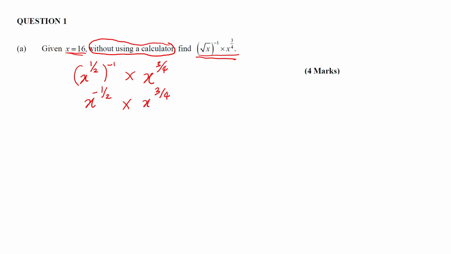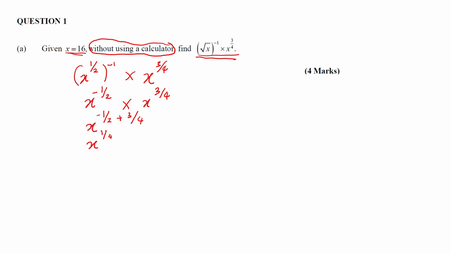So because we have the power of the same subject, x over here, so we can group the power through a plus. So it is a plus 3 over 4 because we have a multiplication. So altogether we have x to the power of 1 over 4.